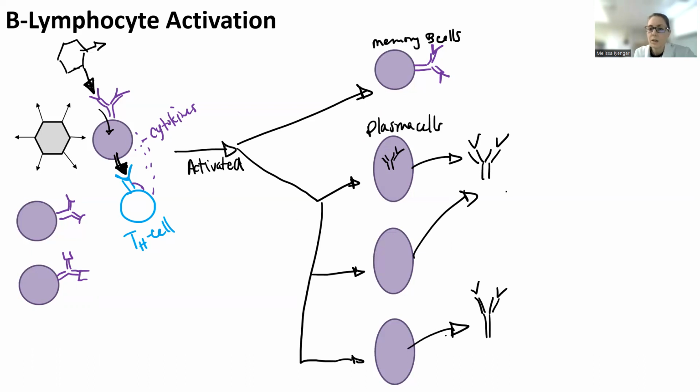But so we're going to make and release antibodies. Okay, so this is why this is the humoral response, because now all these antibodies are going to be made and released in the lymph, and they're going to circulate all around the body.